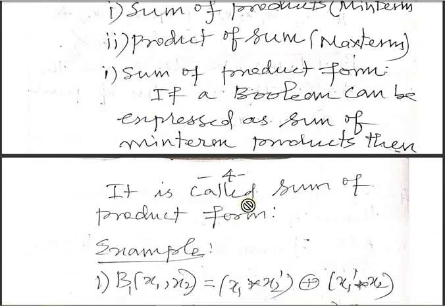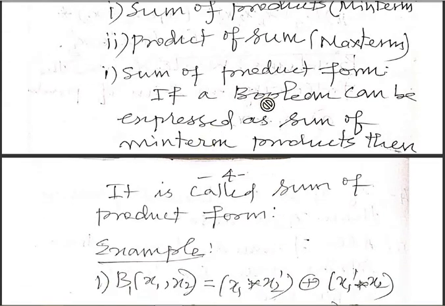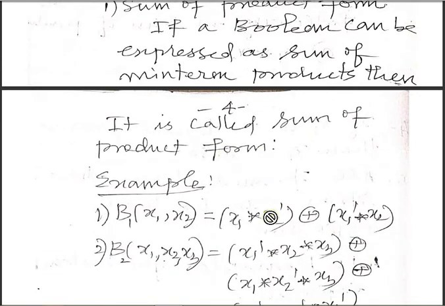Now we will take an example and understand exactly what we mean by sum of products or product of sums. If a Boolean function can be expressed as a sum of minterm products, or sum of products, then it is called sum of products form. We must be able to write it like this. See, this is one product, meet comes here, or product. This is another product.